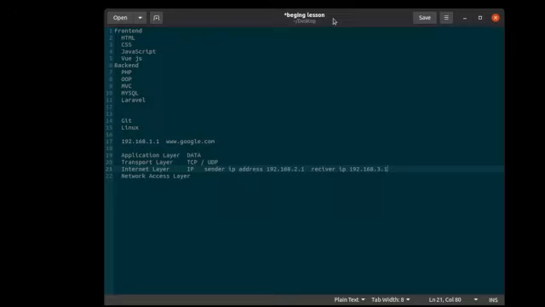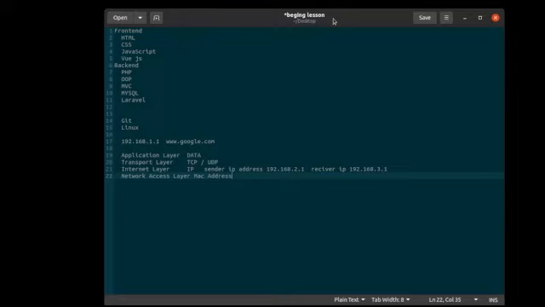And the last layer, the network access layer, is where your data reaches your modem, your router, and gets the MAC address. Here is the MAC address.